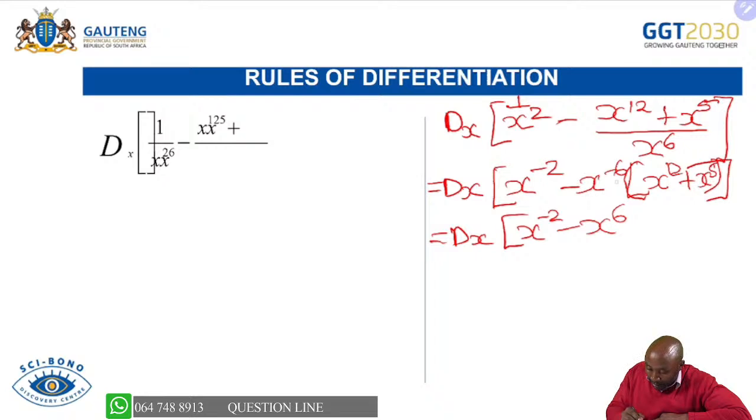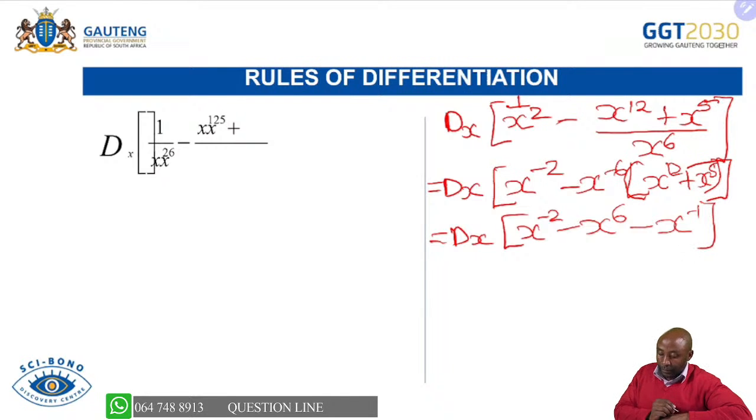And then x to the power 6 times x to the power 5. This will give me, because of the negative, this becomes negative. And I'm able to see that negative 6 plus 5, because my exponent there is 5, will give me x to the power negative 1.